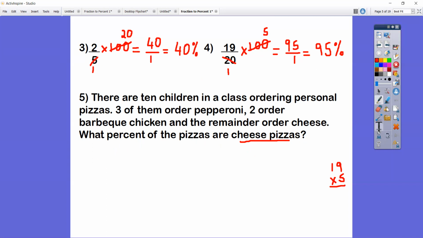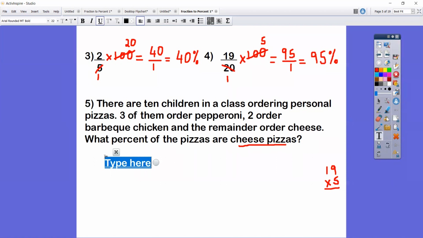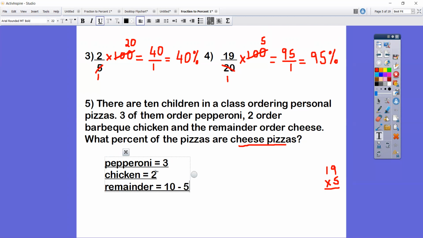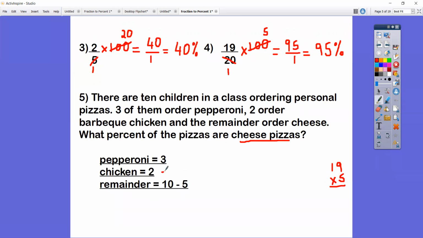so pepperoni, let's put this here. The pepperoni is equal to 3. The chicken is equal to 2. So the remainder, well, that would be 10, take away 5. If you're wondering where I got that 5 from, right here.